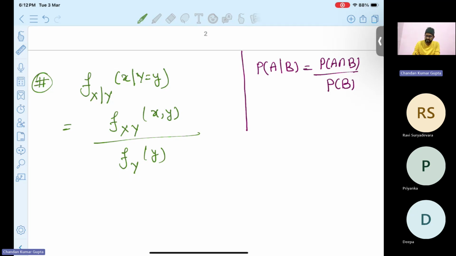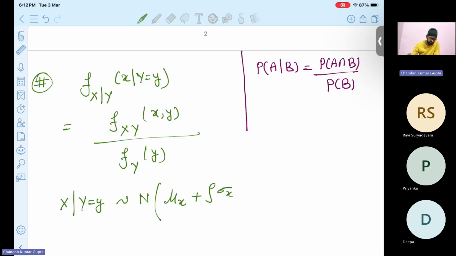But here again there is one twist: x given y equal to y again follows the normal distribution, with different parameter values.